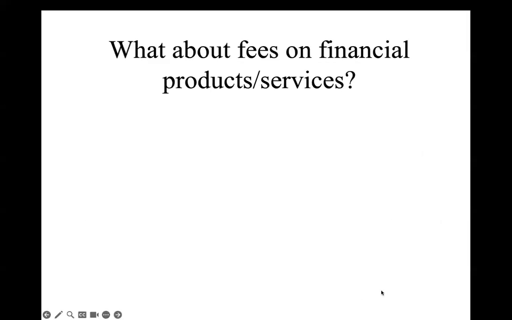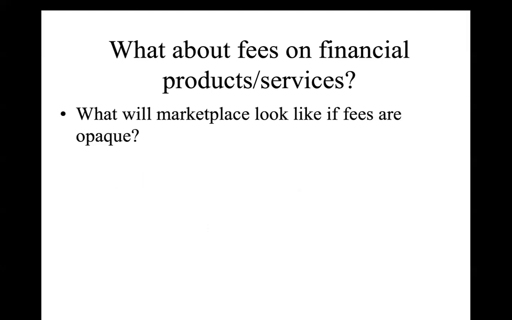We could probably say the same thing for fees on financial products and services. What will the marketplace look like if fees are opaque, right? If they're difficult to determine. In this case, we're going to have reduced trust due to variation in potential outcomes from participating with that product or service.